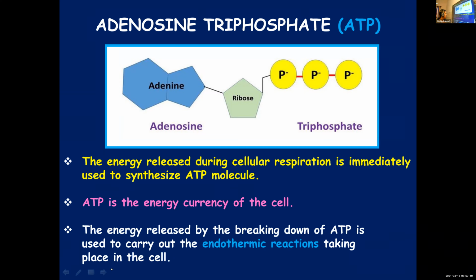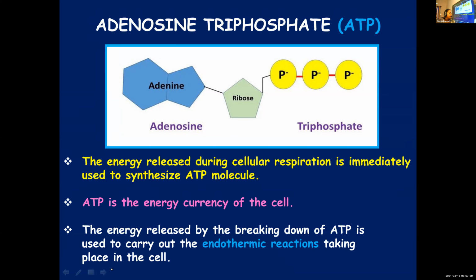The energy which is released by the breaking down of ATP is used to carry out the different endothermic reactions taking place in our body. You know that in your body, different reactions are taking place. Some of the reactions need energy. So when an ATP molecule is broken down, energy will be released, and this energy will be used for carrying out endothermic reactions.